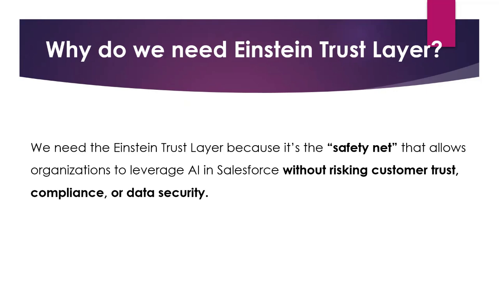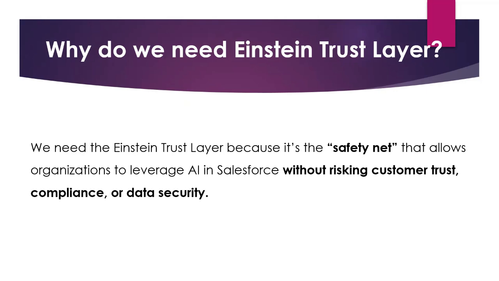Number two, model hallucination or incorrect answers caused by mixing context. And number three, regulatory or contractual non-compliance. So the Einstein Trust Layer reduces these risks by anonymizing or masking sensitive fields, enforcing policies about what data can leave the org, and providing audit trails so teams can prove what was used and when.